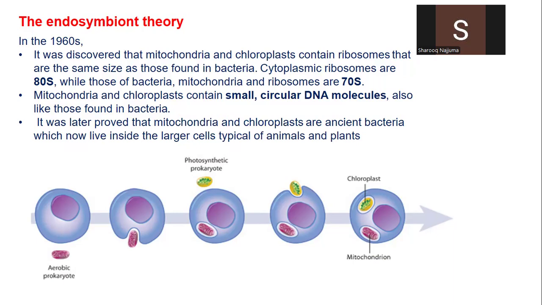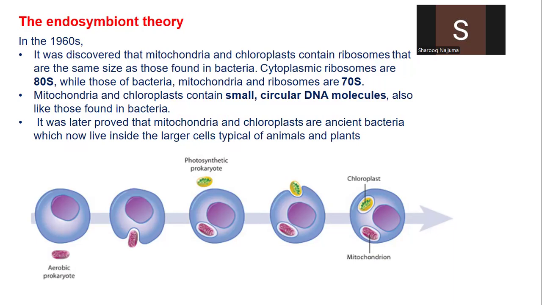An example, they found that they also have small circular DNA molecules. And their DNA is exactly similar to that of bacteria. So that brought out an idea that, you know what? These mitochondria and chloroplasts are related to bacteria.